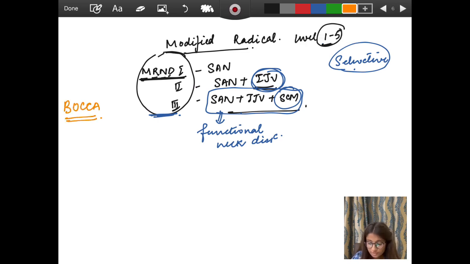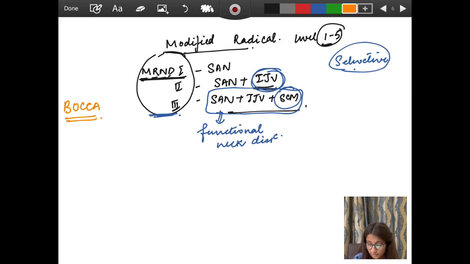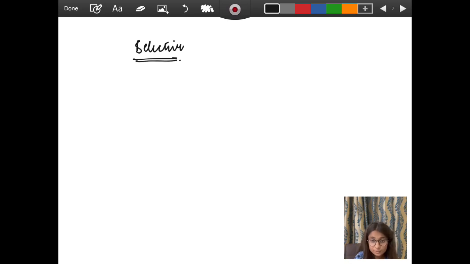Radical neck dissection was described by Crile, and MRND 3, the third subtype, is called Bocca's dissection or the functional neck dissection. Here we preserve all of the vital structures. In selective neck dissection, we selectively remove the lymph nodes, but we preserve all of the vital structures, that are the sternocleidomastoid muscle, internal jugular vein and spinal accessory nerve.